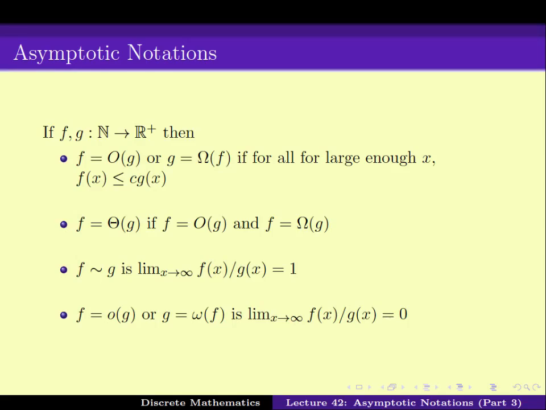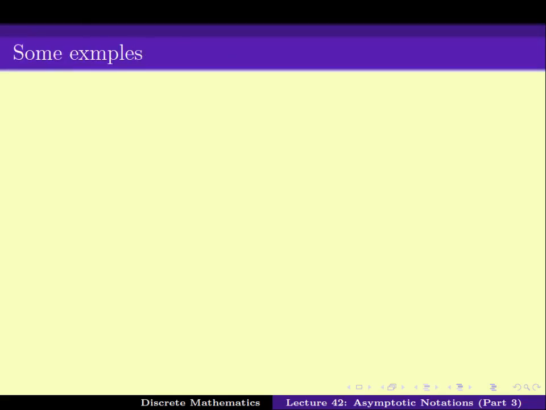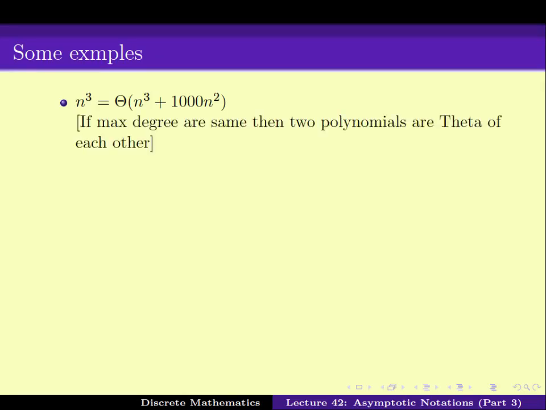So in fact, with this set of asymptotic notations in our hand, we can now try to solve the recurrence relations. Now, the first thing to note is that there are some examples here that we did last time, namely, when we are comparing two polynomials, all we have to look at is the maximum degree.